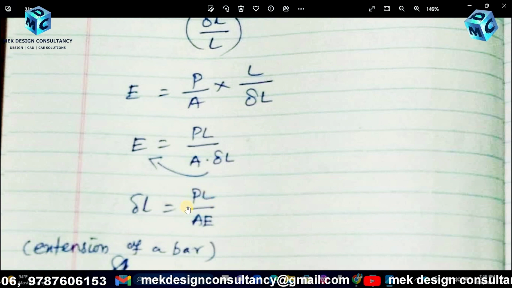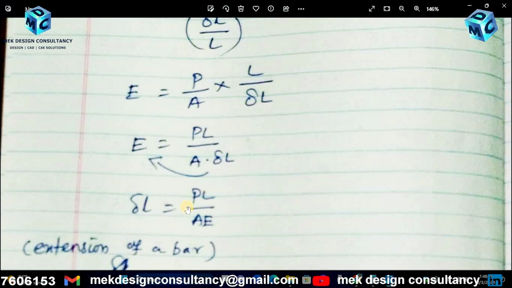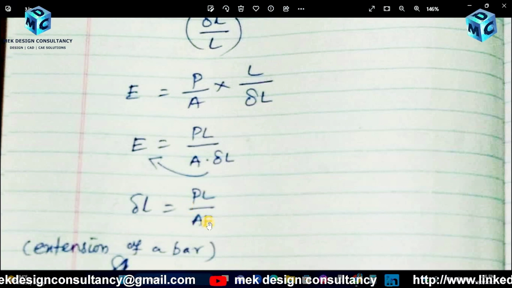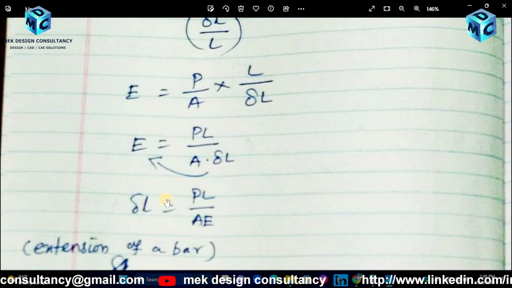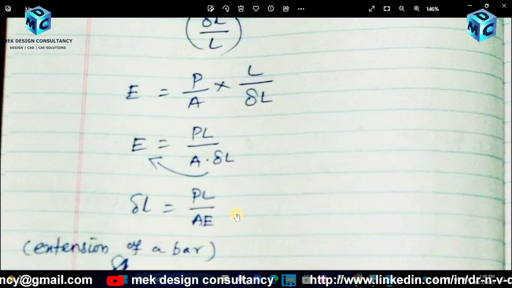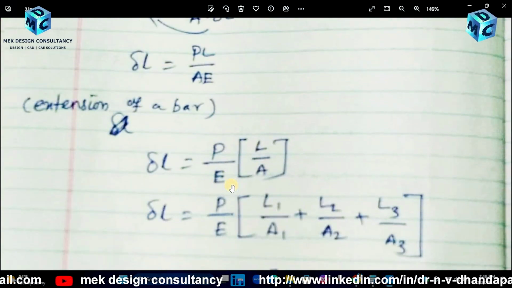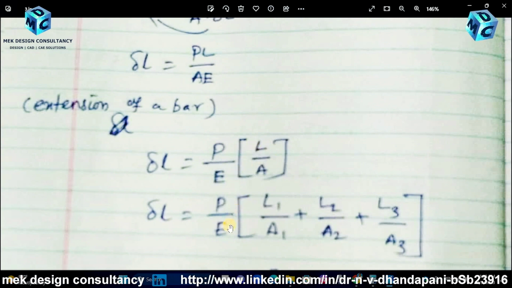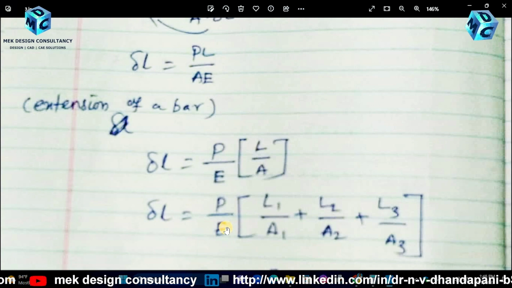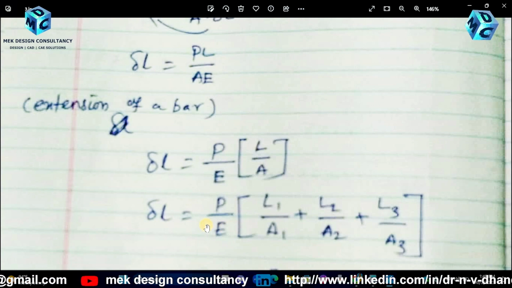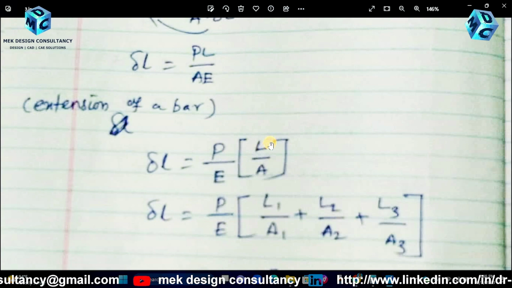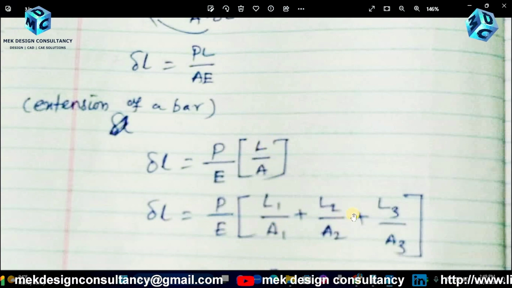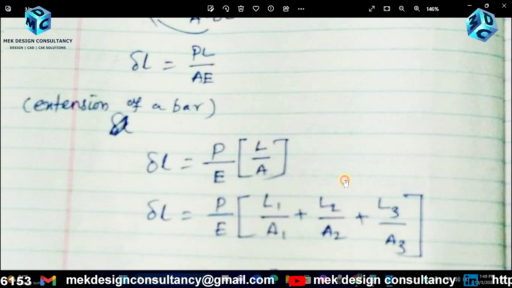Here the value of P, the axial load, is 35,000 Newton, so it is constant, and Young's modulus is also constant. Take them separately, and we get L by A. Therefore P by E into L by A. The P value is 35,000 Newton and Young's modulus equals 2.1 e power 5 Newton per millimeter square. After that we have 3 lengths and 3 areas, so L1 by A1 plus L2 by A2 plus L3 by A3.